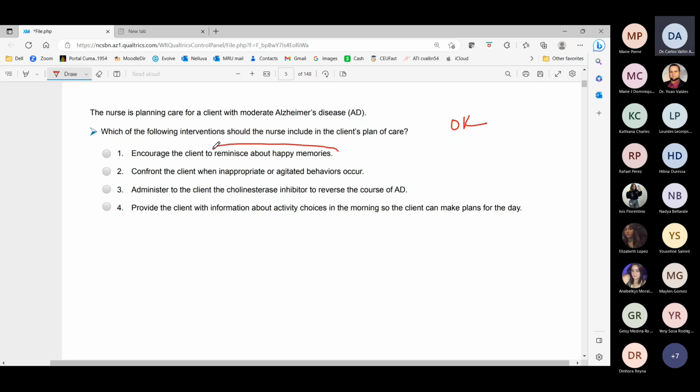What do you know about that? Obviously, common sense tells me that reminiscence is remembering and enjoying those memories. If you reminisce about happy memories, I think that should be good. So I like this option.